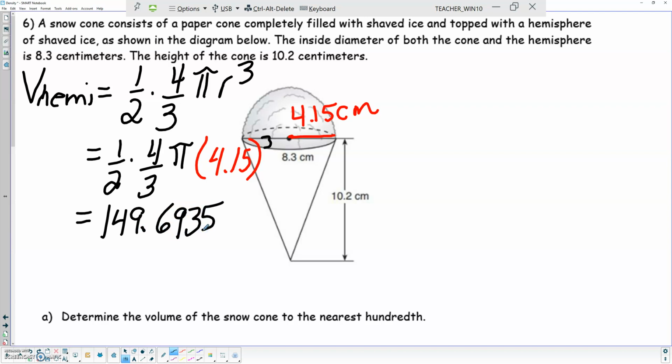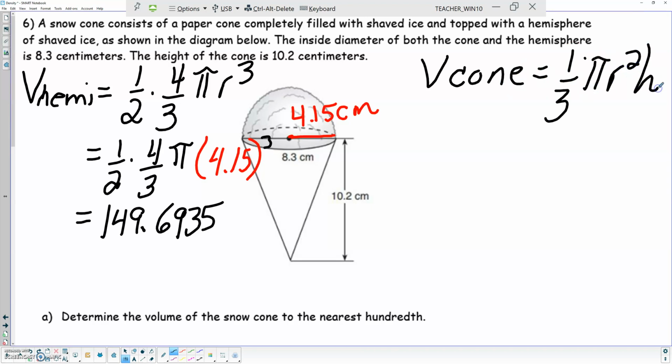Okay, then we have the volume of the cone. So the volume of a cone is 1/3 pi r squared times the height. So this is going to be 1/3 times pi times 4.15 squared, and the height is 10.2.